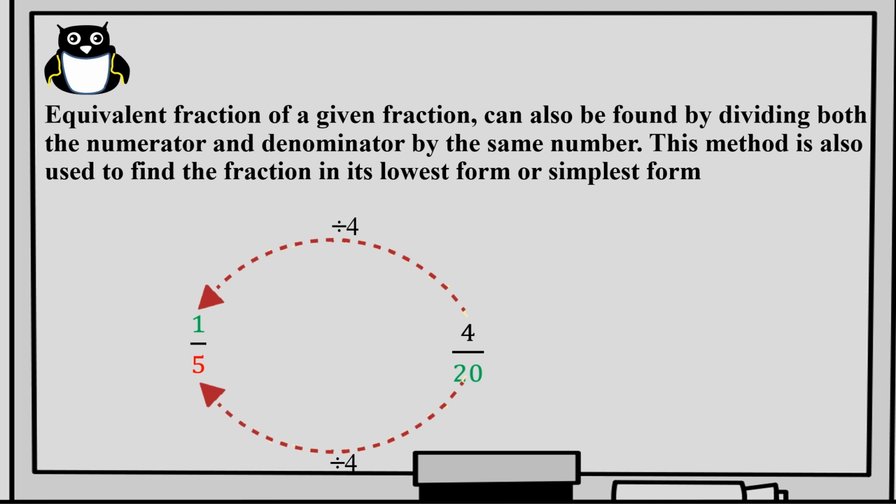So 1 by 5 and 4 by 20 are equivalent fractions. One more case, we'll take the same 3 by 15. Numerator 3 is divided by 3, the denominator 15 you also divide by 3, and we get 1 by 5. 1 by 5 is the simplest form or the lowest form of the fraction. So when you write 1 by 5 is equal to 3 by 15 is equal to 4 by 20, the lowest fraction that you get is 1 by 5.